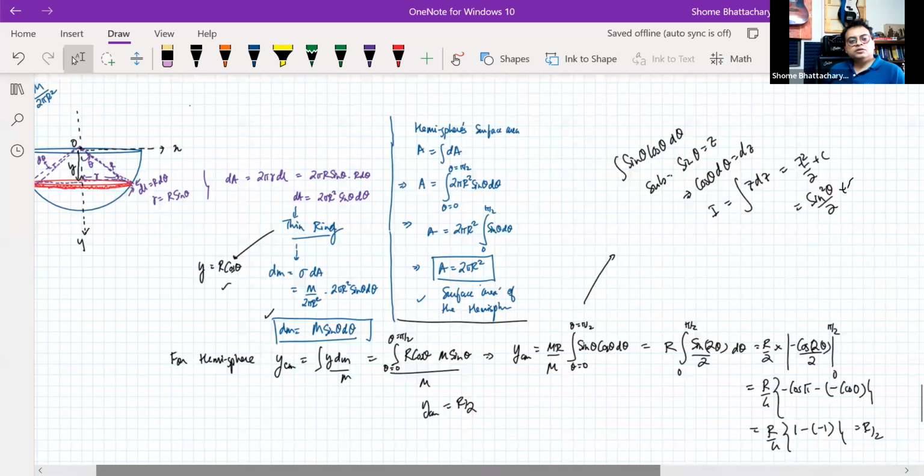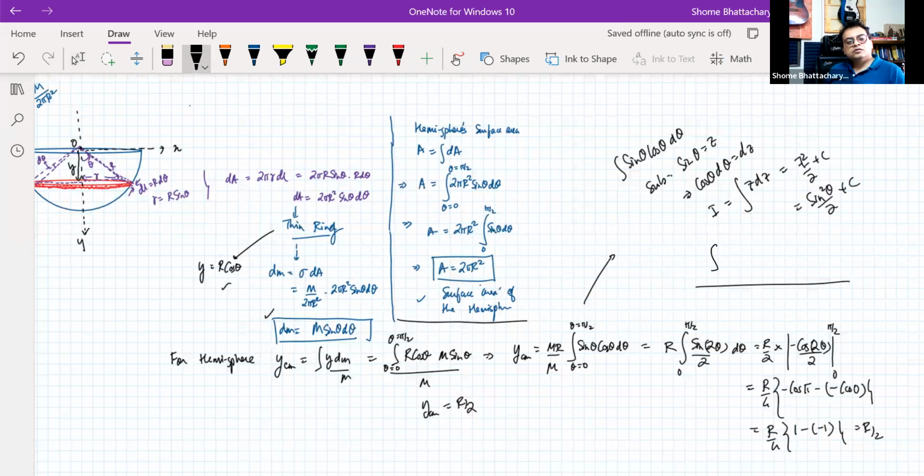So the integration of sine theta cos theta from 0 to pi by 2 will become sine square theta by 2 from 0 to pi by 2, and that will give you half. So that's another alternate method, but whichever way we do, finally we get the same result.